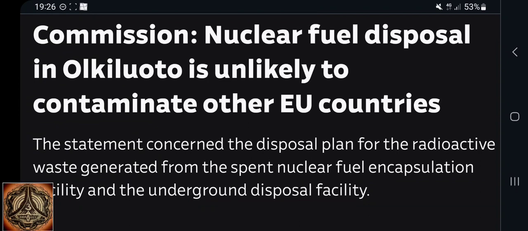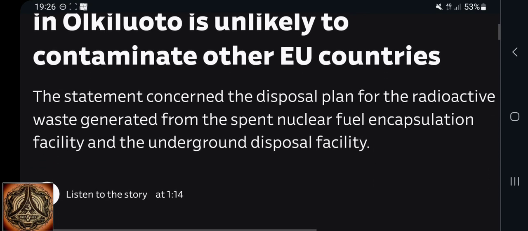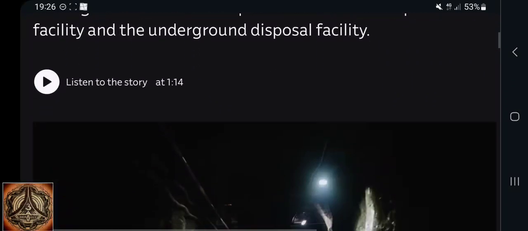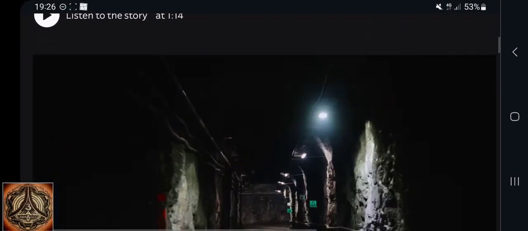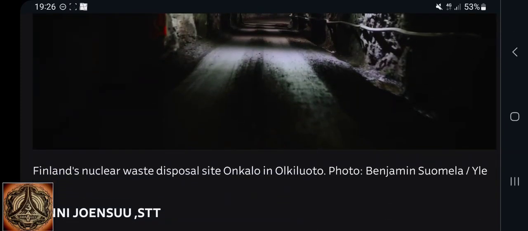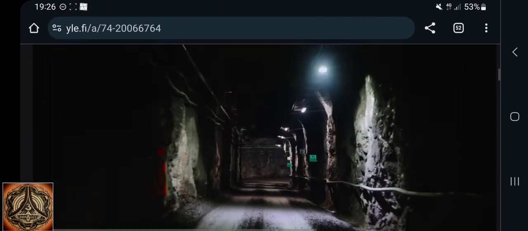The statement concerned the disposal plan for the radioactive waste generated from the spent nuclear fuel encapsulation facility and the underground disposal facility. Listen to the story. Finland's nuclear waste disposal site Onkalo in Olkiluoto. Yeah, I have been talking about this.